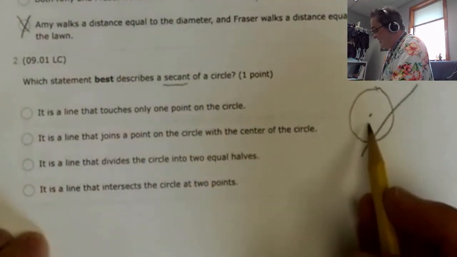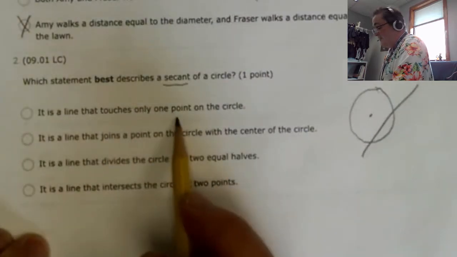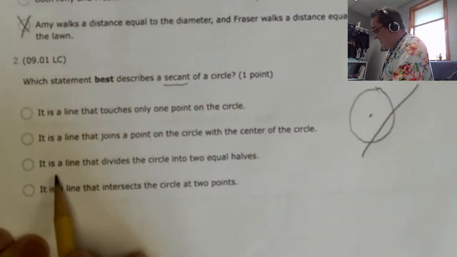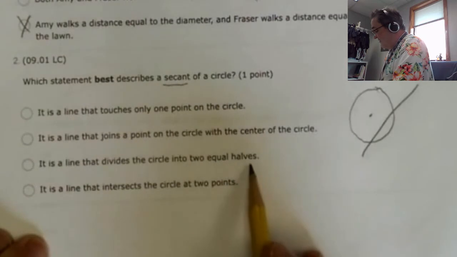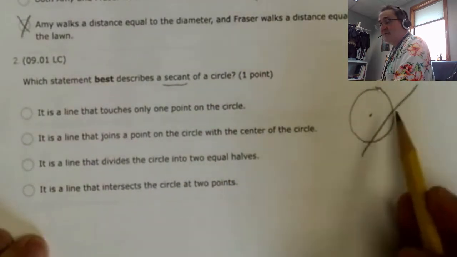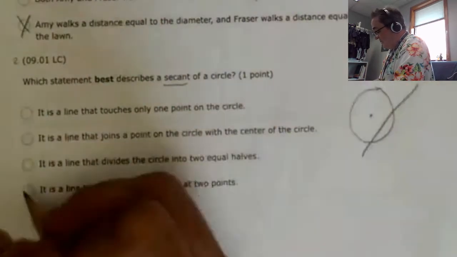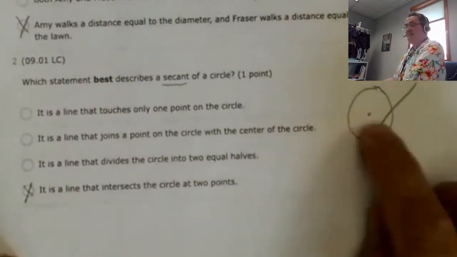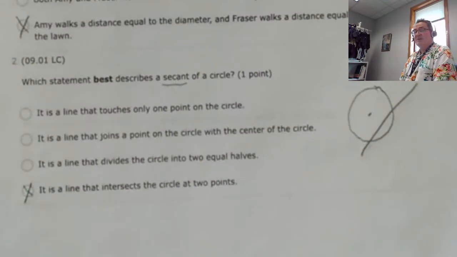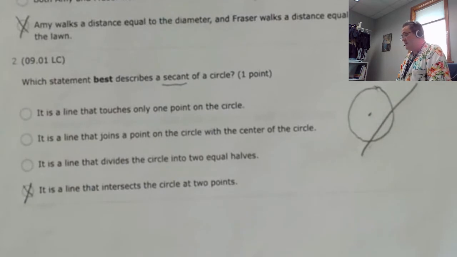No, that'd be a radius. It touches one point, it'd be a tangent line. It's a line that divides the circle into two equal halves. No, that would be a diameter. A diameter would divide into two equal halves. It's a line that intersects the circle at 2 points. Sure, just 2 points. It could go through the middle, but doesn't have to. Just somewhere at 2 points. All right. 2 questions down. Let's move on.